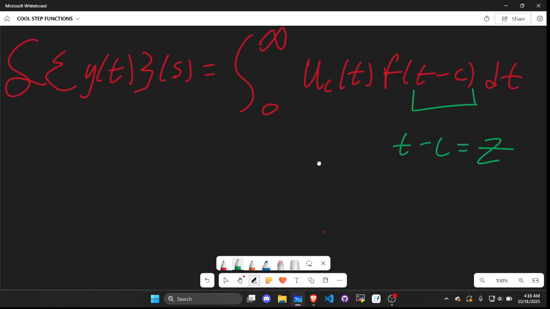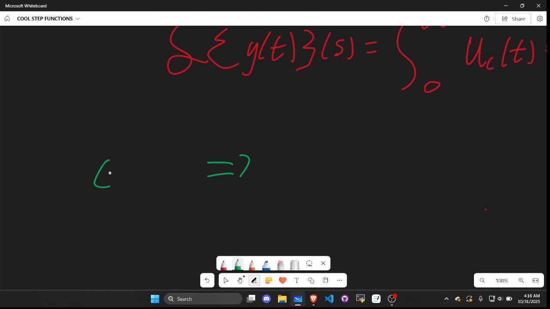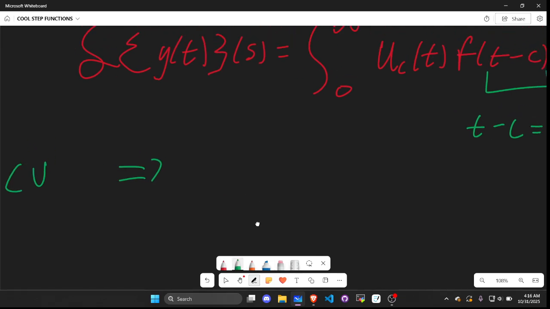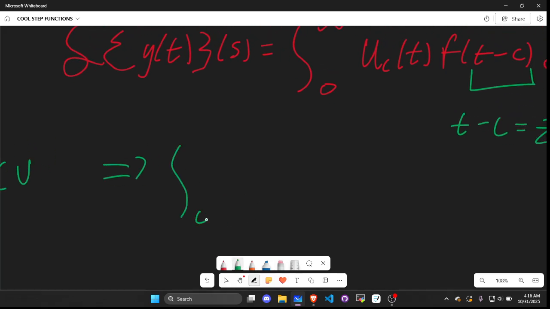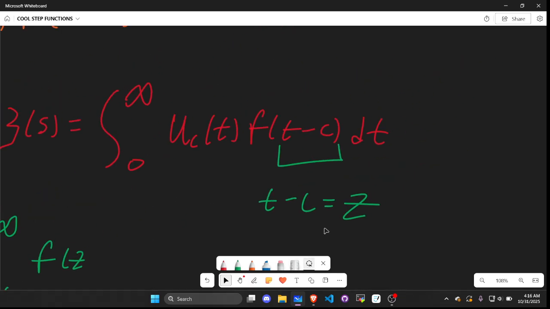Well, what happens then? This integral, so we're going to do change of variables, cv. It ends up being the integral from c to infinity of f of z. Oh, I forgot something very important.